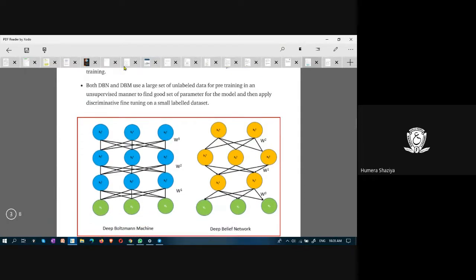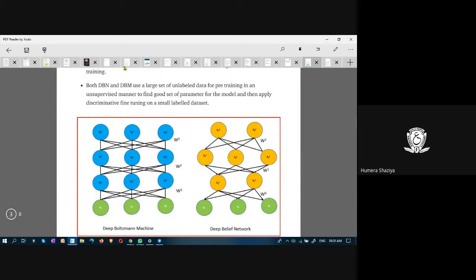And both the DBN and DBM use a large set of unlabeled data for pre-training. Unlabeled data implies that it is an unsupervised learning mechanism.